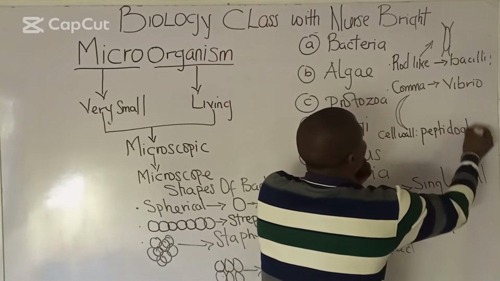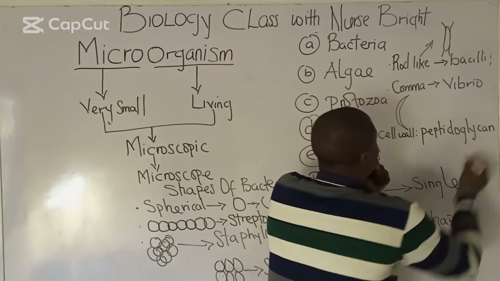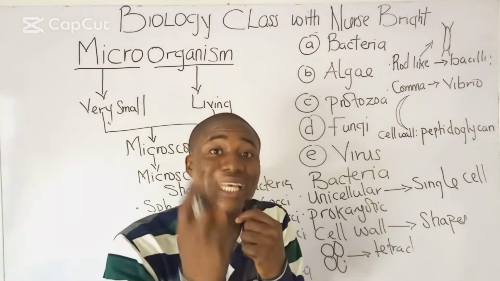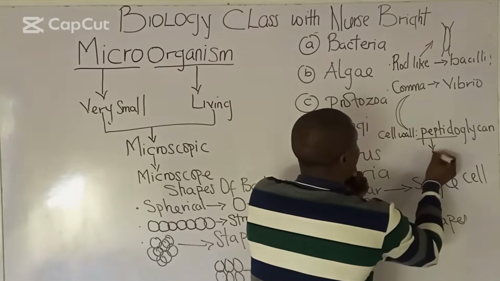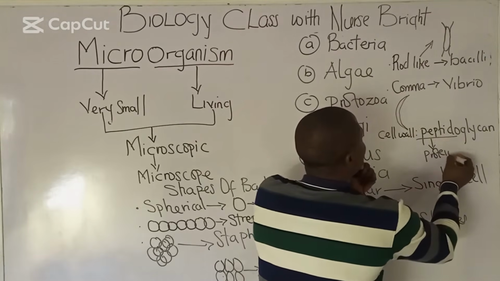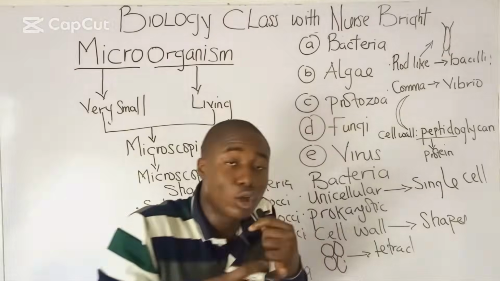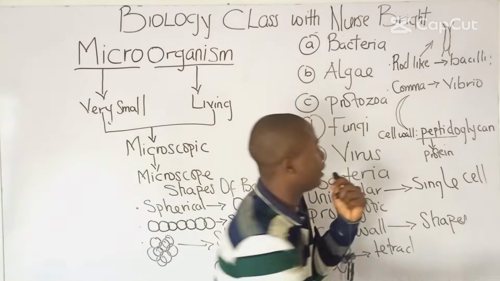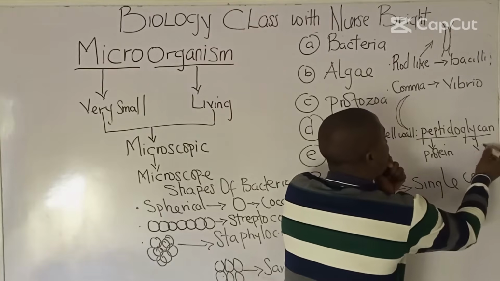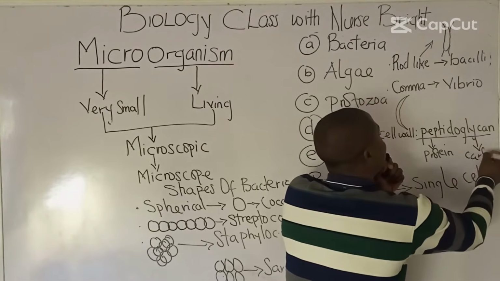Okay, the cell wall of bacteria is made up of what we call peptidoglycan, which contains two sets of class of food. The first here is peptido, which means proteins, because it must be noted that the bond that holds proteins together is called peptide bond. Well, the glycan part of this cell wall component is the carbohydrate part.